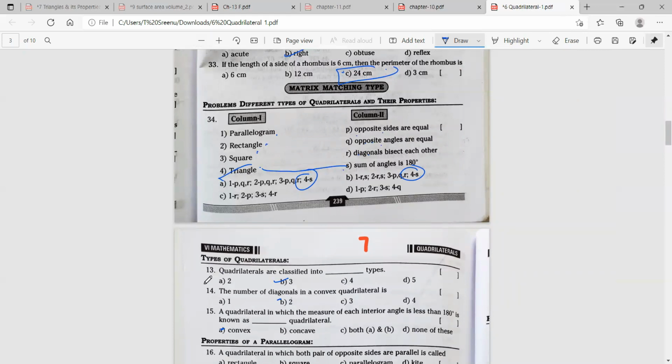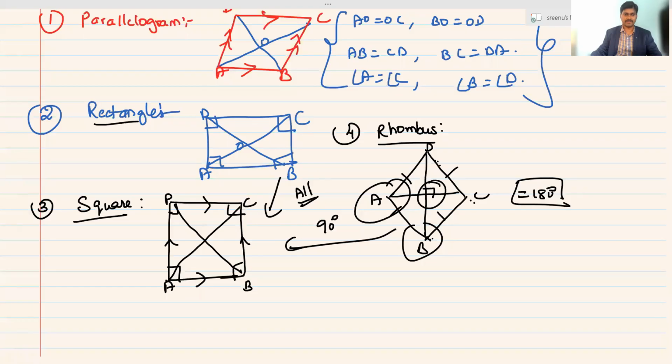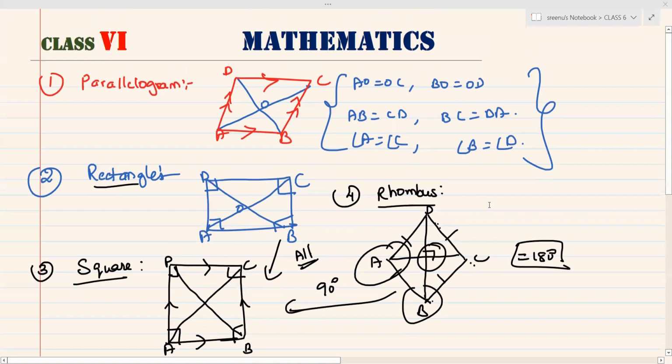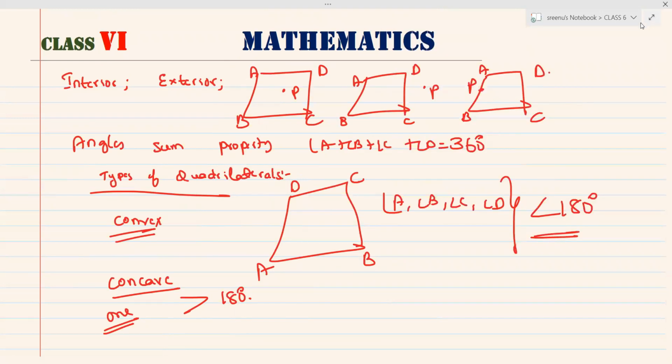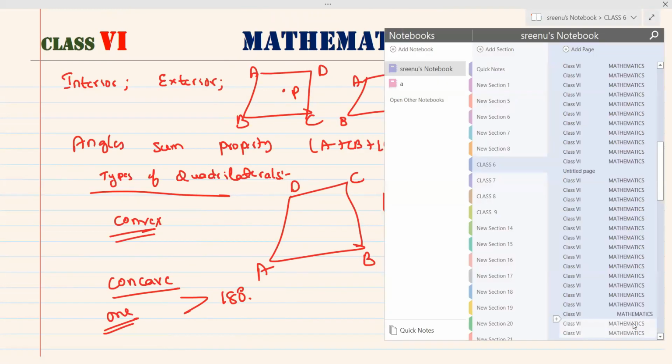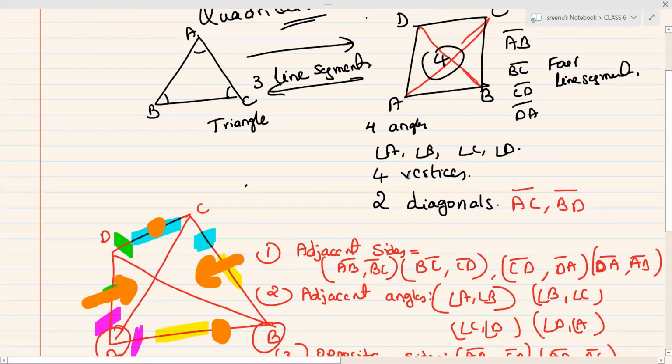So how many objectives have we done today? Once again, let us check the parallelogram concept. Let's come from the beginning. Today we have started the topic called quadrilateral.